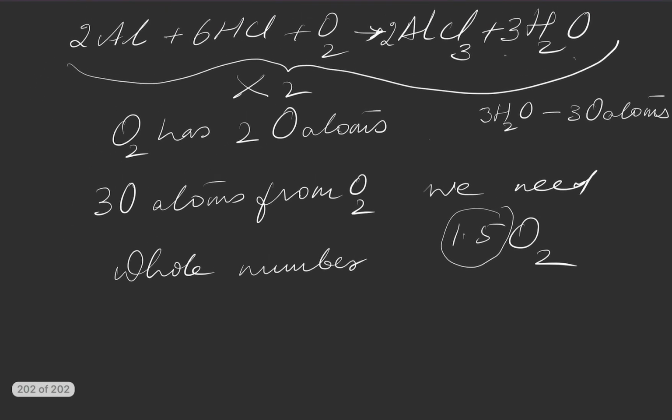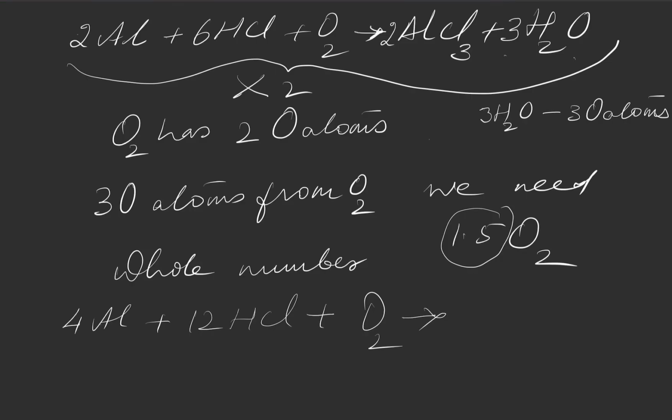By multiplying the whole equation by 2, we will get 2 into 2, 4Al plus 6 into 2, 12 HCl plus, for the time being, I'm leaving this oxygen as it is. You will come to know why I left it like this.